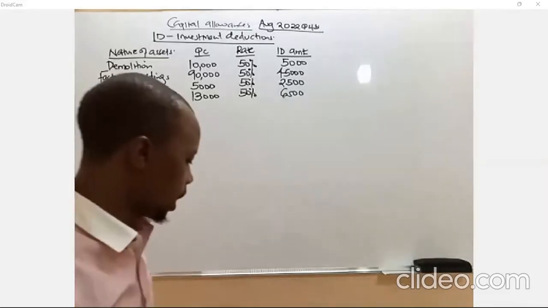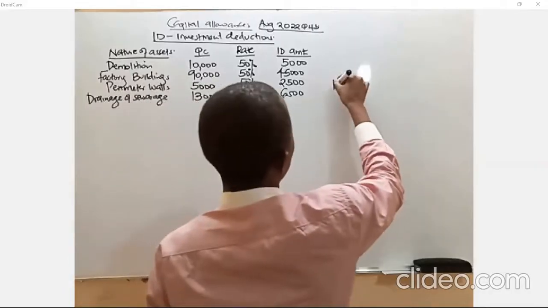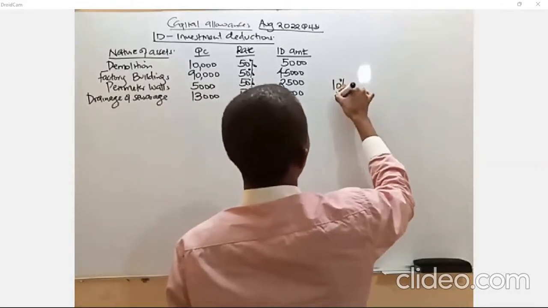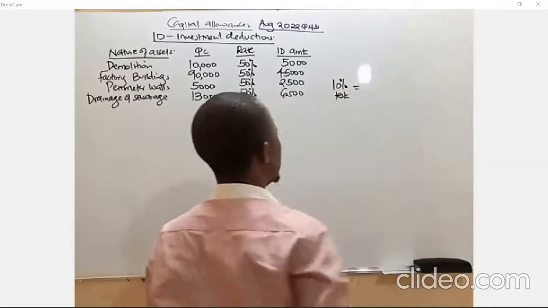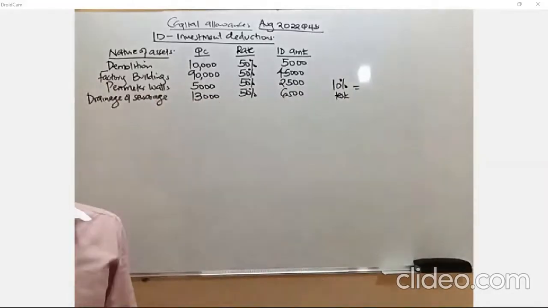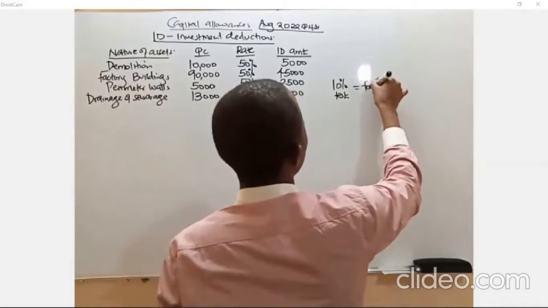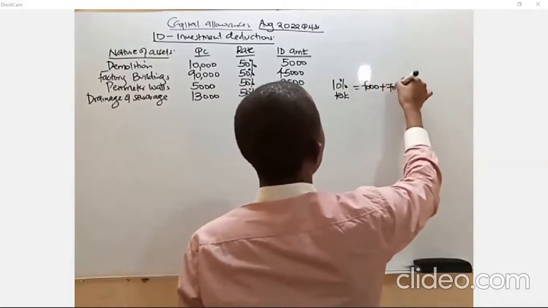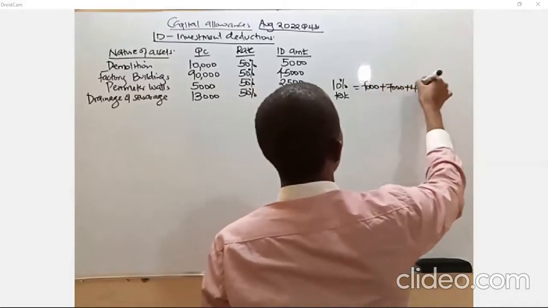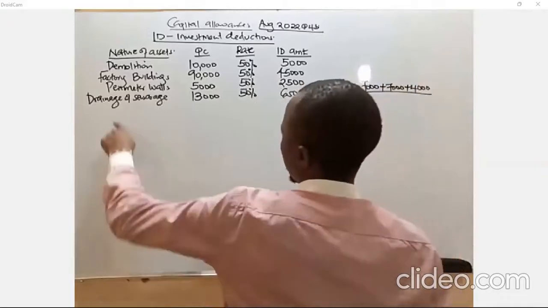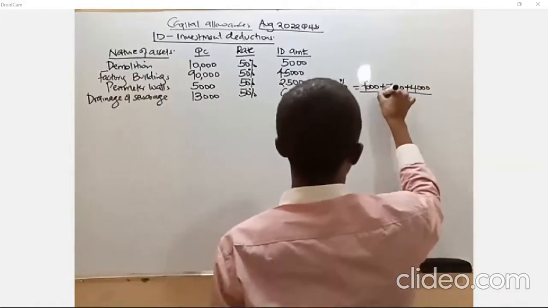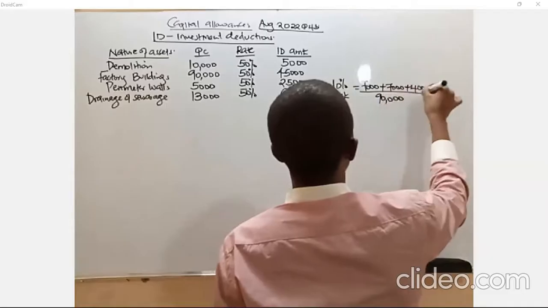In this case, you normally try to do your 10% test. So for the 10% test, we take the sum of these, 7,000 plus 7,000 plus 4,000. Then you divide by the total value of the factory building.